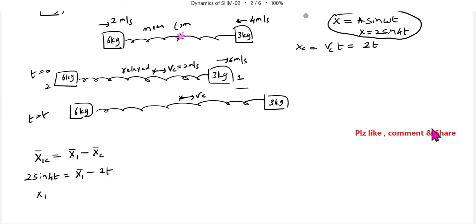So x1 is equal to, all are towards right, 2t plus 2 sine 4t. So in time t, the block will move this much distance.